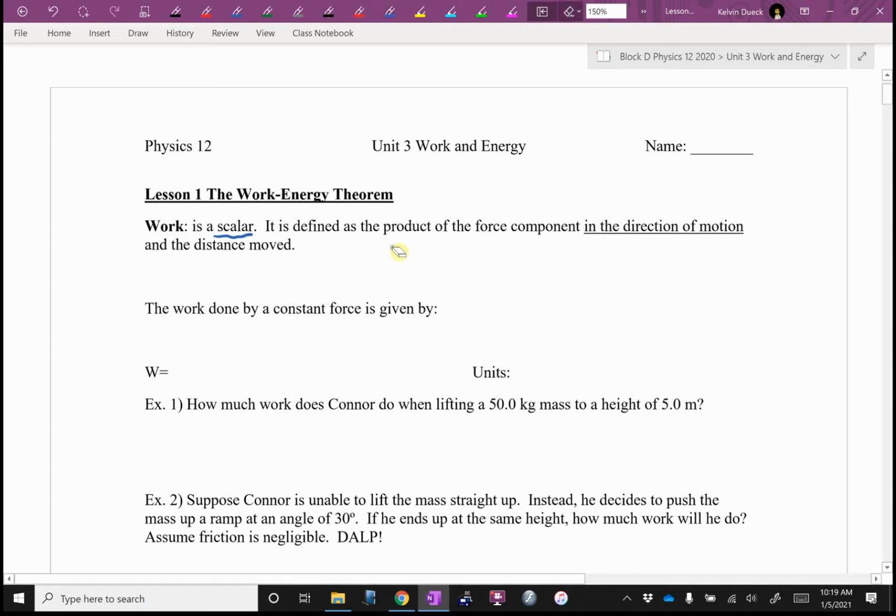When I say product, what mathematical operation is that? So where it says W equals, put a little times sign there. Of the force component in the direction of motion and the distance moved. Say what? Work is force times distance.